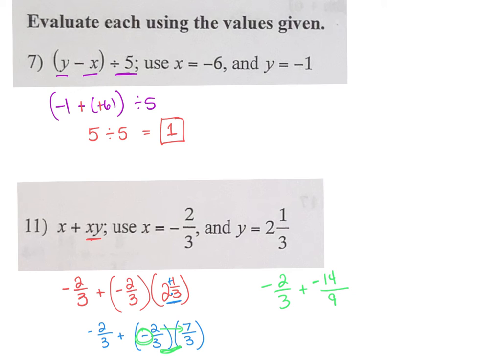Now, I need a common denominator here, correct? What is my common denominator between 3 and 9? It's 9. 9 is my common denominator, so I need to multiply everything here by 3.